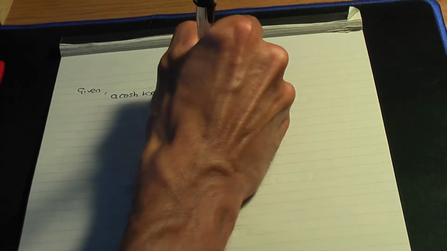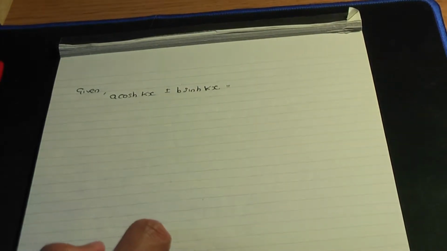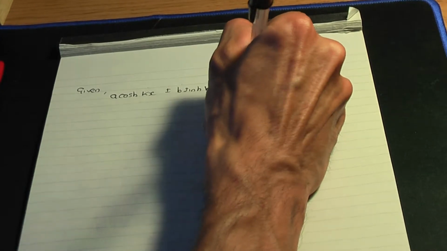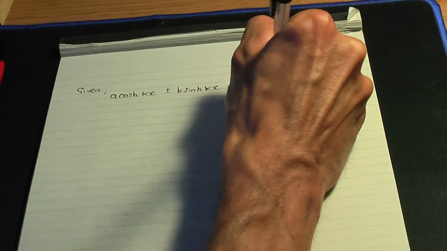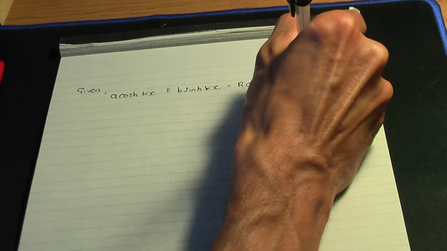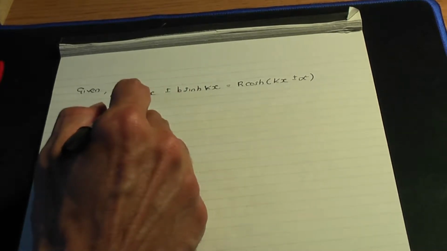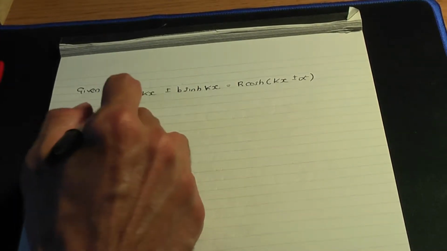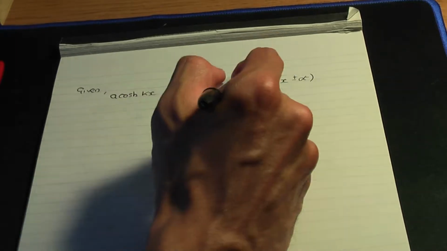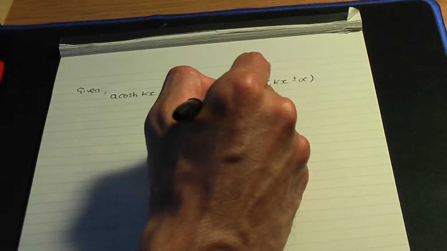So if we're given an expression of this type, a hyperbolic cos kx plus or minus b hyperbolic sine kx, I'm going to show you how to transform such an expression into the form r hyperbolic cos kx plus or minus alpha, okay, and a, b as well as k, these are all constants.